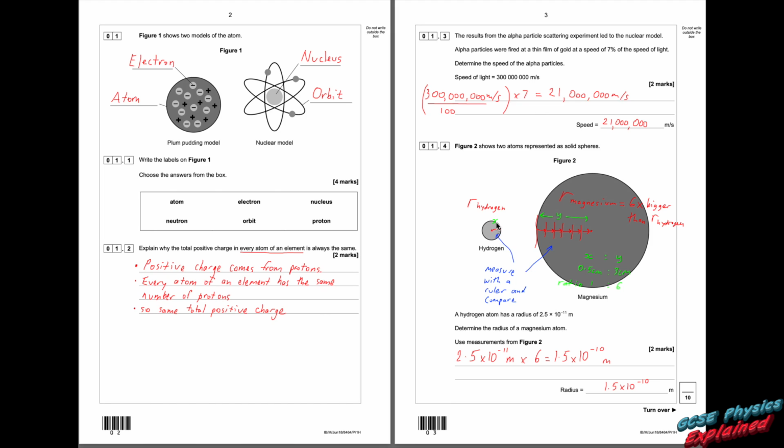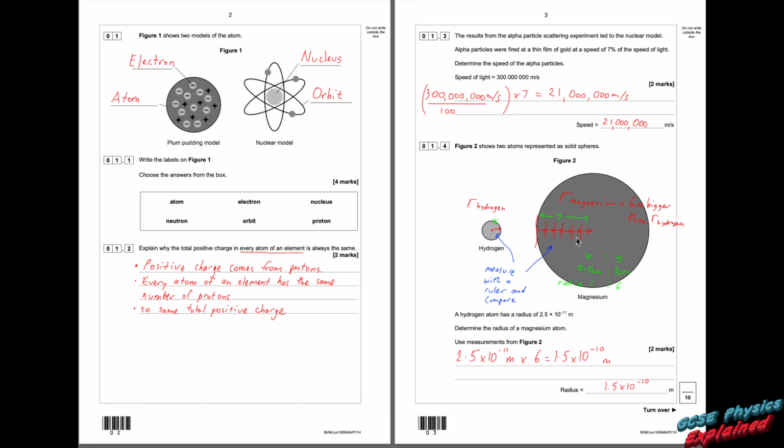If we call that x and we measure that with a ruler, and then if we go to the centre of the magnesium and we'll call that distance y, and we'll measure that, the ratio of x to y, just say that was 0.5 centimetres when you measured it with your ruler, and that was 3 centimetres, so that would be a ratio of 1 to 6.